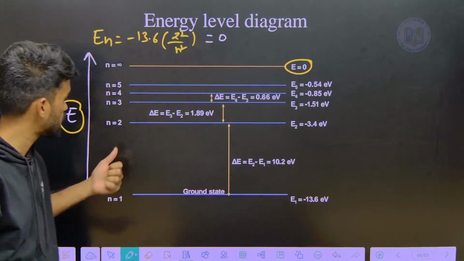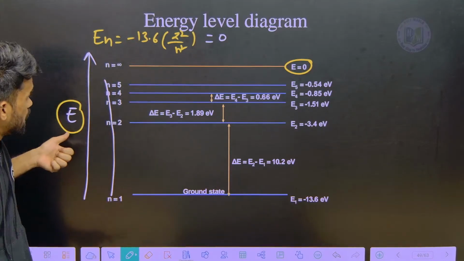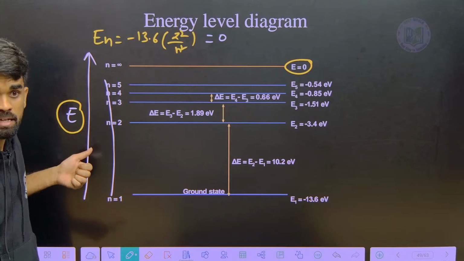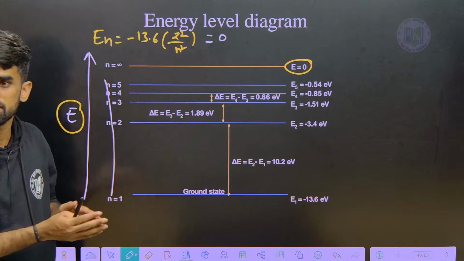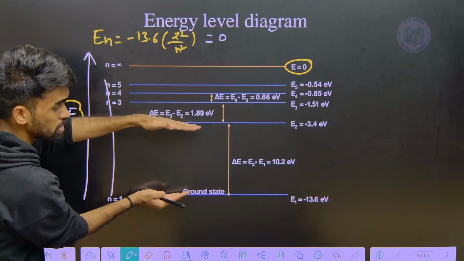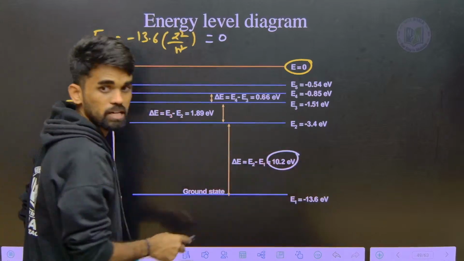Next, as n value increases, what statement can you make? As n value increases, energy increases, but the energy gap between the shells decreases. See, the first energy gap is 10.2 electron volt.